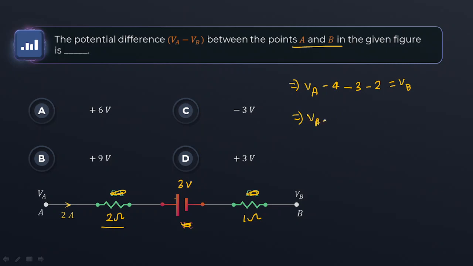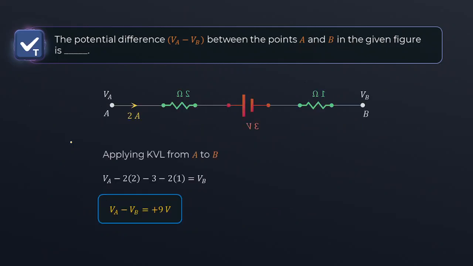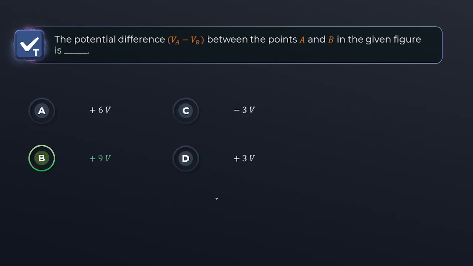So we can write VA minus VB, that will be equal to how much? 4 plus 3 plus 2, so 9 volt. So the answer will be B. Simple, easy, right? Yes or no? So VA minus VB is equal to 9 volt. Hope it is clear to all of you.